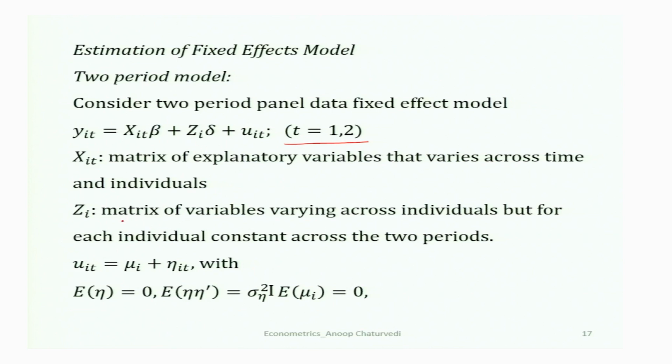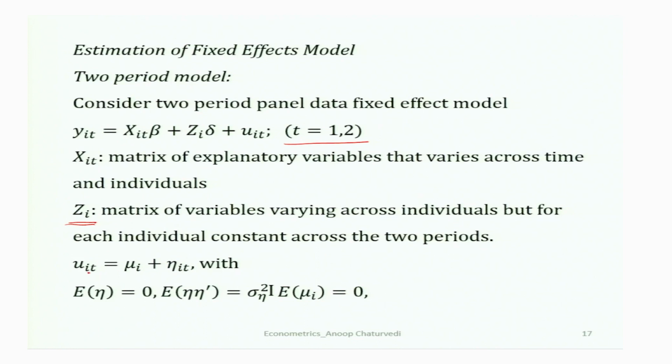Then Z_i is the matrix of variables varying across individuals, but for each individual constant across the two periods. So, this matrix Z_i does not depend upon t. It just varies across individuals and is constant across the two time periods.